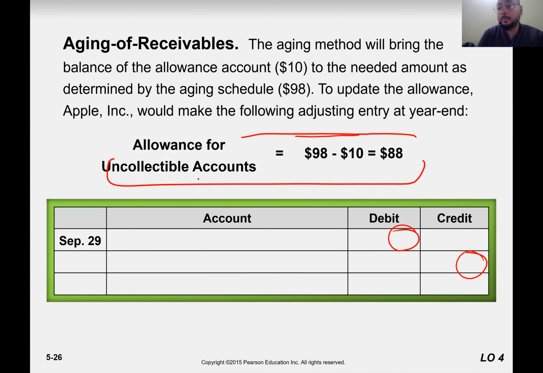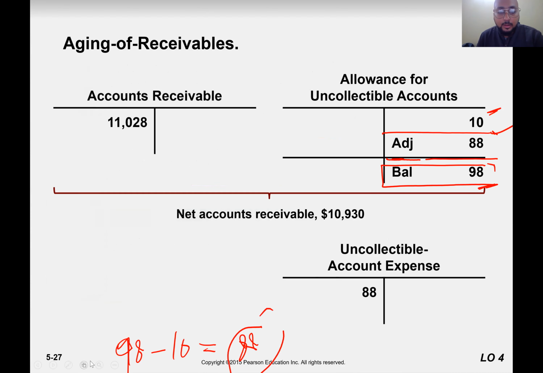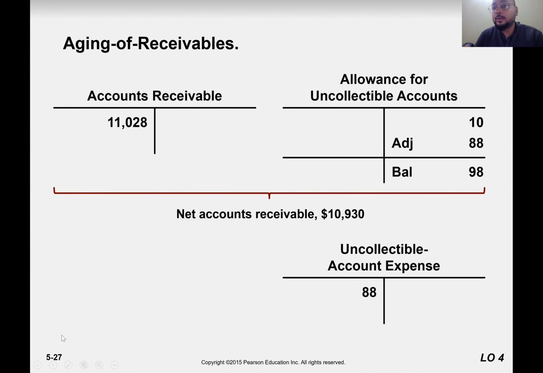So the point is that this 98 is the overall balance for allowance for uncollectible accounts. So how do we find out this equation? Let's go to their T accounts. You see this 98 that we find from the aging principle here. So this year's adjustment is 88.